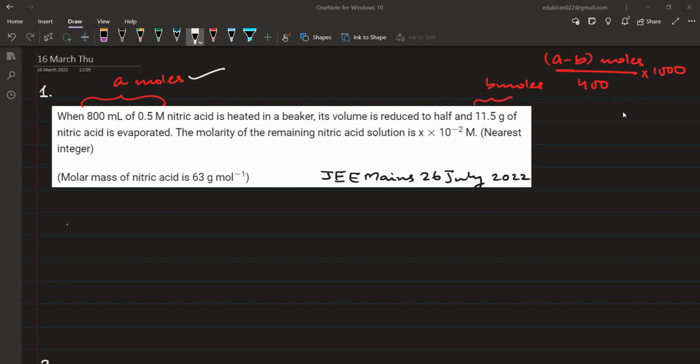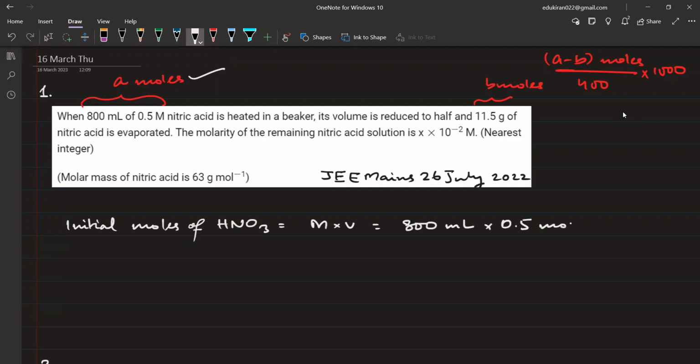See, initial moles of HNO3 is equal to molarity into volume. That will be equal to what? 800 ml into 0.5 moles liter inverse.